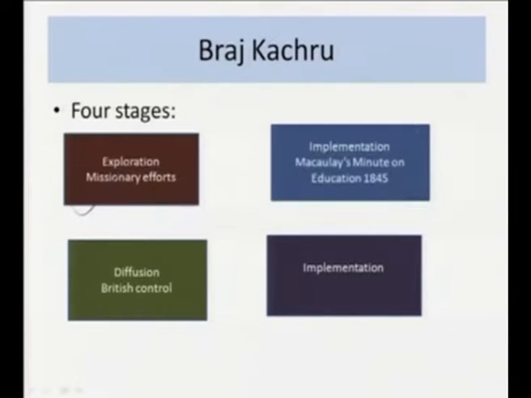We need to refer to the Christian missionaries, who on their evangelical mission also brought the Christian ideals and the Christian texts. So, the first stage, Kachru says, is the stage of exploration, and this stage was largely by the missionaries and their efforts.